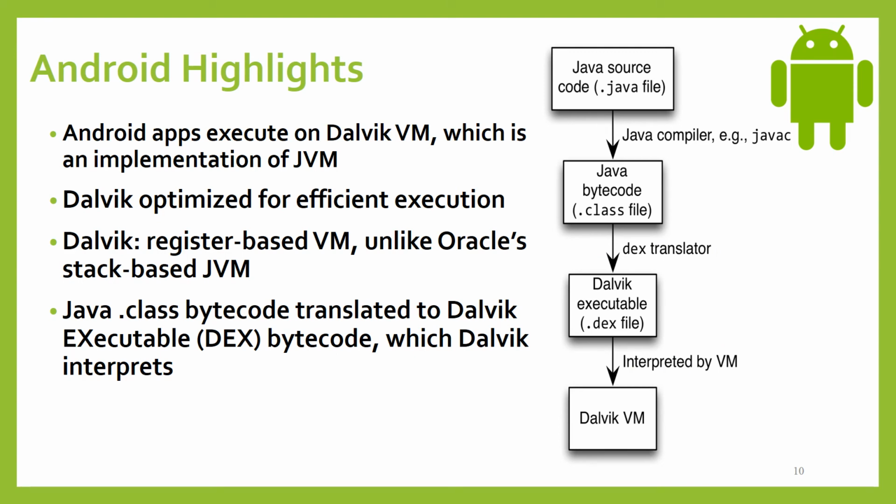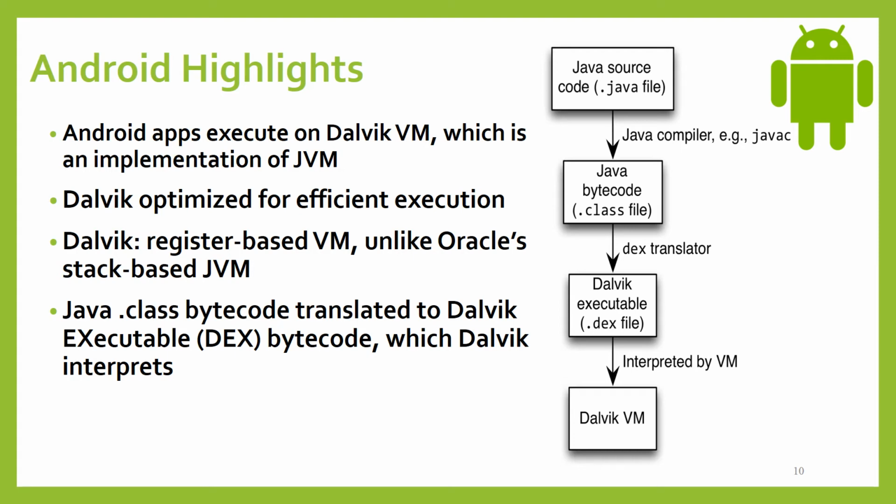So if you can see this, you will find that a Java source code file with the extension .java is converted into a Java bytecode file with the extension .class using the Java compiler, generally javac. And the .class file is converted or translated into a .dex file by the DEX translator.